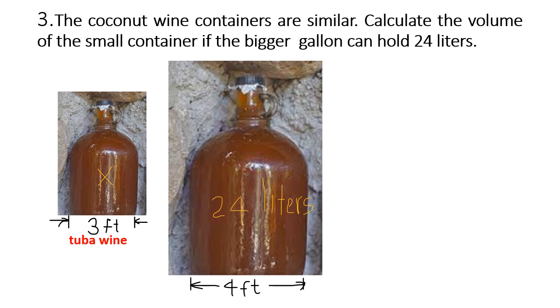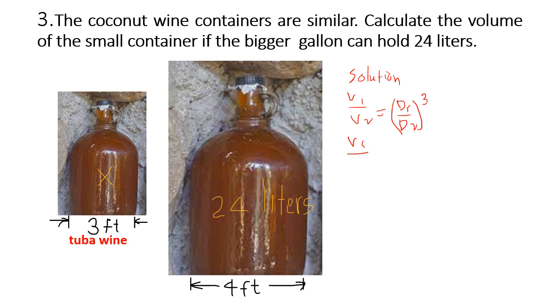The coconut wine containers are similar. Calculate the volume of the small container if the bigger gallon can hold 24 liters. So your solution, V1 over V2 equals the quantity D1 over D2 cubed.